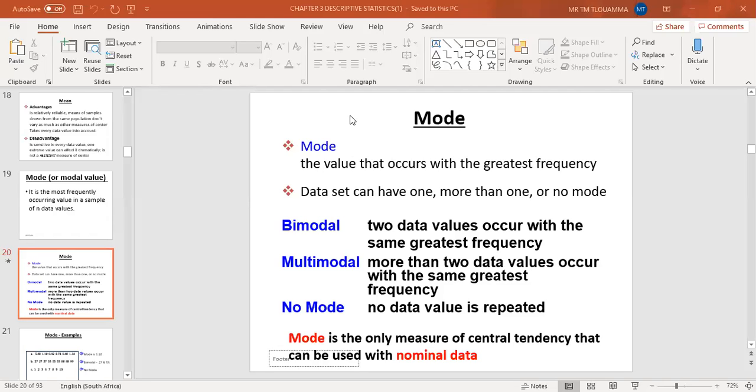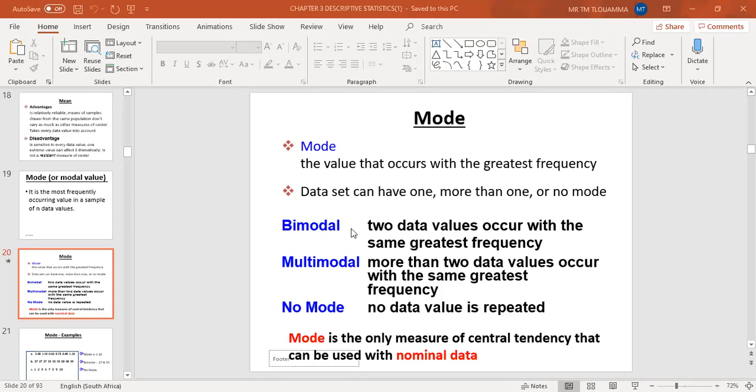Even when you don't get any mode from a data set, we write 0. You should not be ashamed of writing 0. So when you're having two modes, just write 3, comma, 7. Those are your two modes.